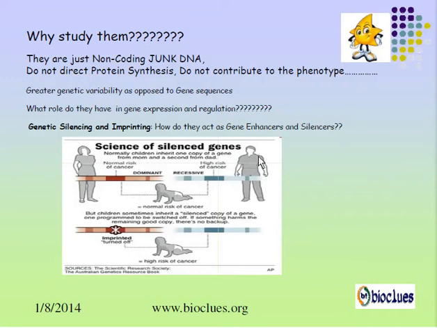And the gene enhancers or silencers are those parts of the junk DNA or the intergenic DNA which control the genetic silencing and imprinting in an organism.